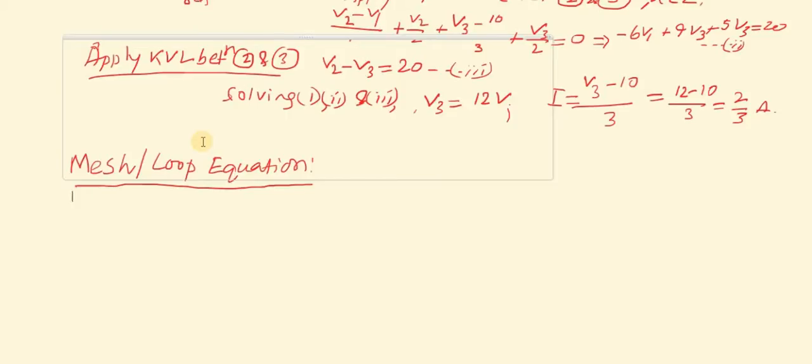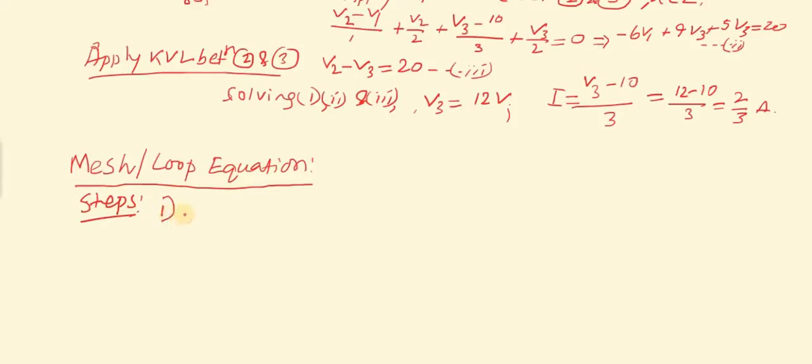So before, we followed certain steps to write network equations in the case of nodal analysis, and in this case also we need to follow certain steps. Basically, there are not so many steps.